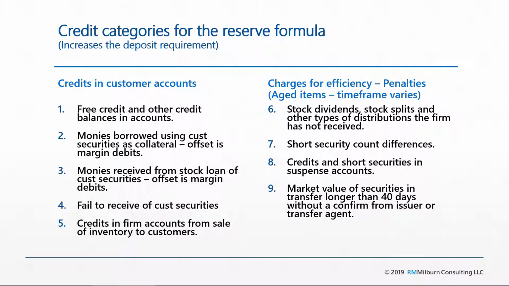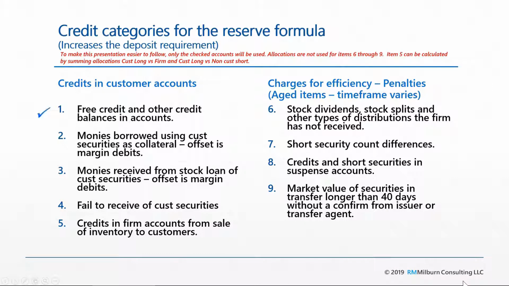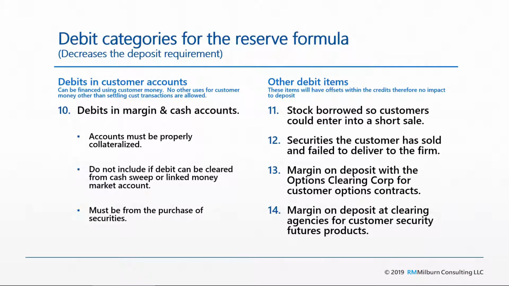Now, for this presentation, we're going to be manually doing a reserve calculation. To make it a little bit easier to work with, we're only going to use the first 4 categories. On the debit side for the reserve formula, there is item 10, which is debits in margin and cash accounts. That's money that we have lent to the customers to buy securities.